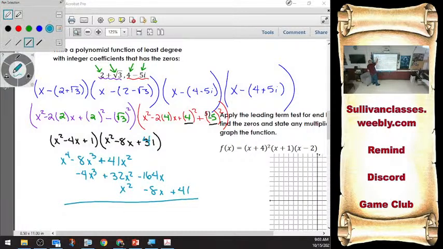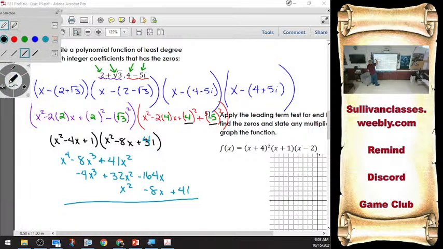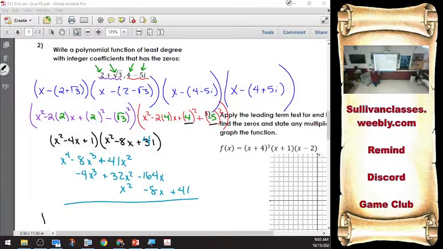At the end of the rainbow, finally, f of x is x to the 4th minus 12x to the 3rd. I can count, right? Okay. 4, 7, and minus 172x plus 41. Okay. I get all the way here.